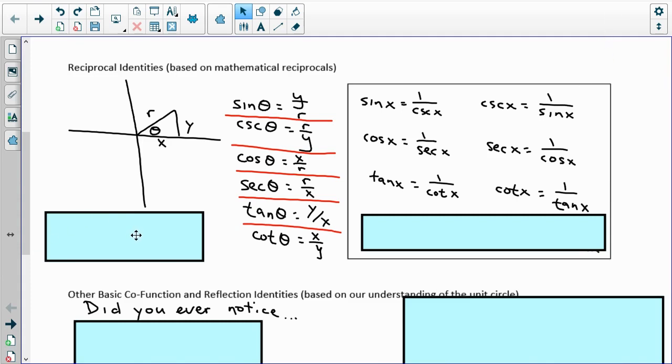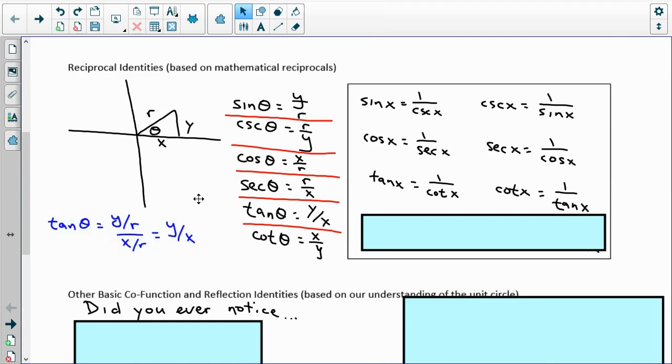Another thing I'll put in this category, even though it's technically not a reciprocal identity, but it kind of fits in with these, is one thing you may or may not have noticed before: tangent is y over x, but that's also the same thing as y over r divided by x over r. Now we know that y over r is sine and x over r is cosine.